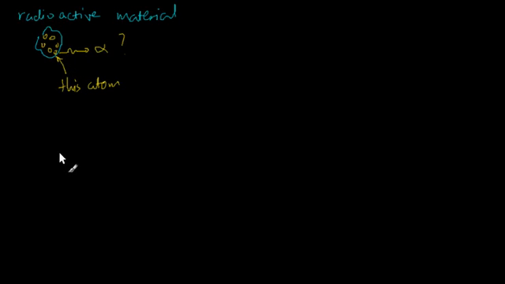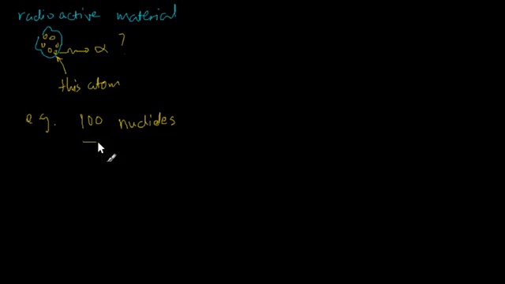So for example, if I have, let's say, 100 atoms. Let me be more precise in my terms. Let's say I have 100 nuclides, the specific nuclei of this radioactive material.